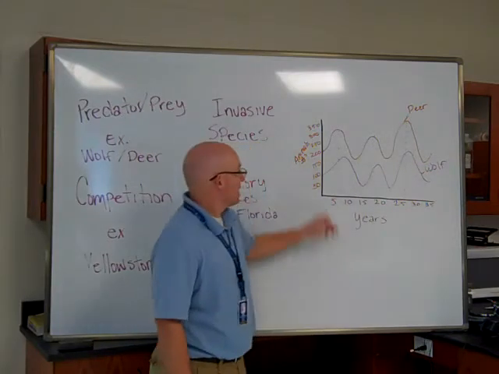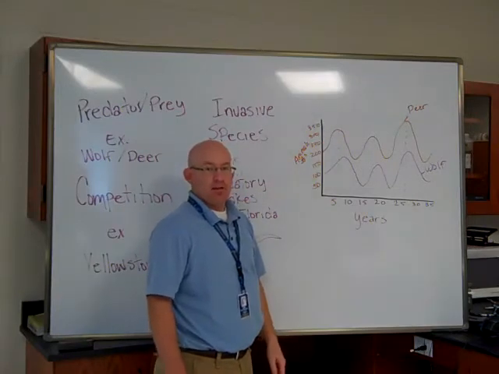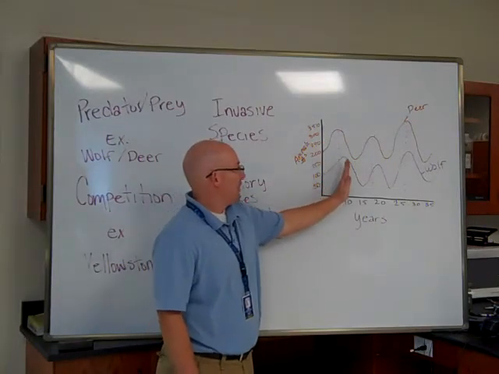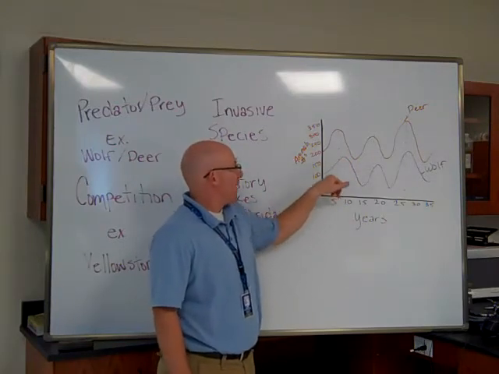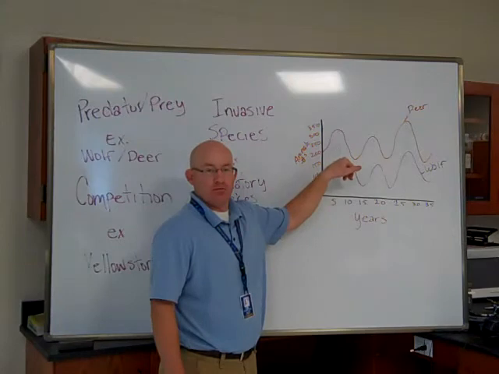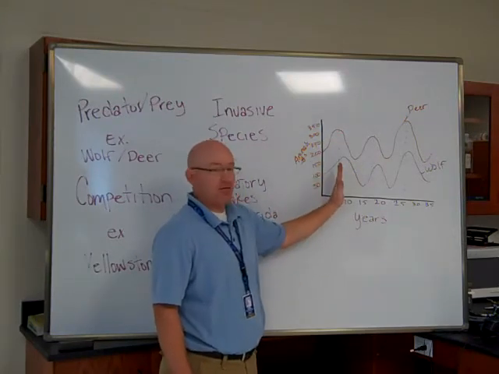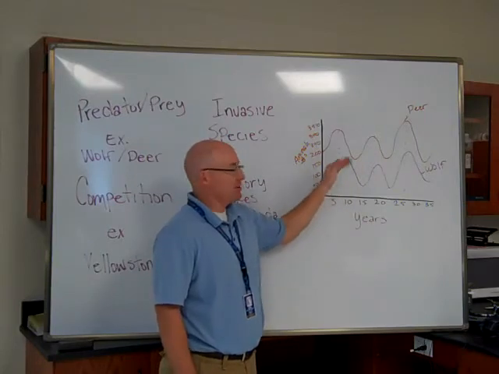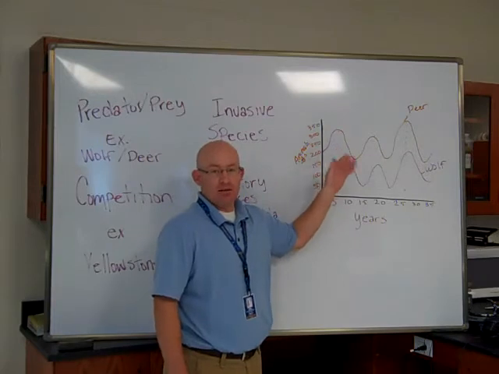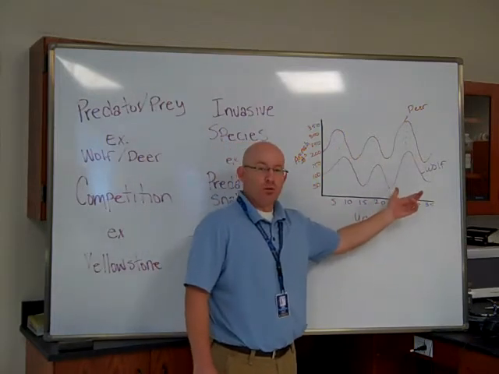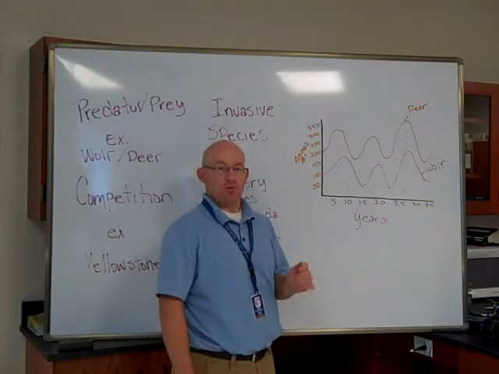That would take numbers of wolves out of the population. And also if the wolf doesn't reproduce, it doesn't add numbers to the population. So basically if we see a rise in the deer, then after a short period of time, a couple of years, we will see a rise in the wolf population. So as the deer go up, the wolf follows after a lag time and also goes up. That makes sense because if we have more deer for the wolf to eat, then the wolf will have more food and will be able to survive and reproduce, and the numbers of wolves should go up.